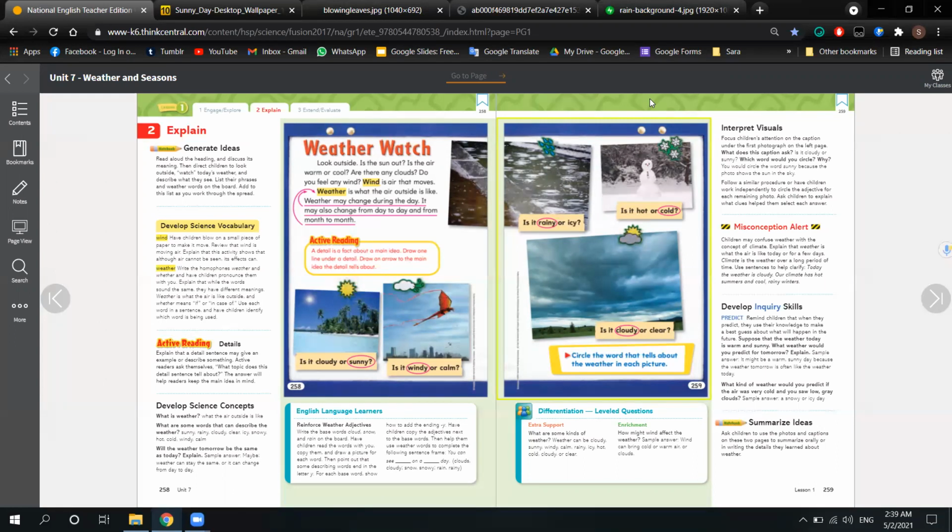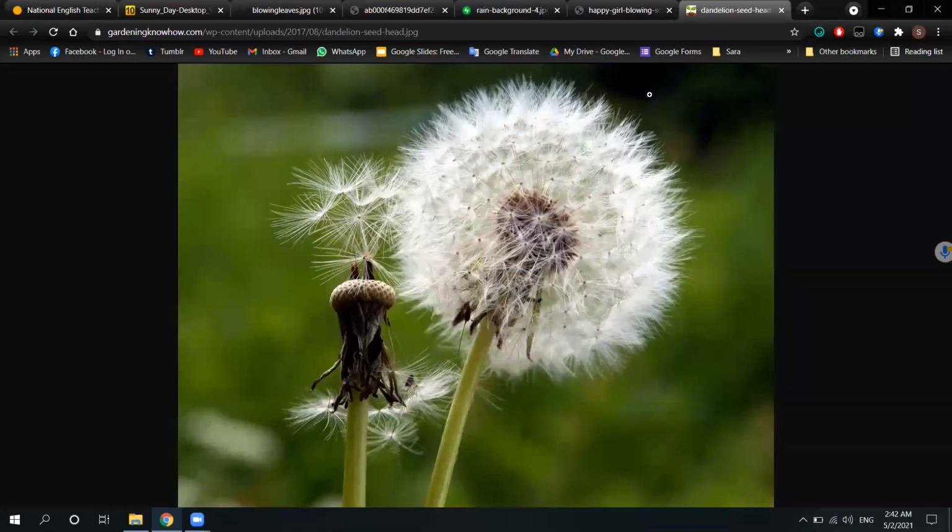And just like when you bring something and you try to blow, okay, hold on, let me show you. When you blow on something, like this common plant, we use air to blow it away.